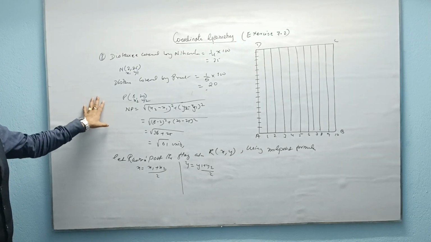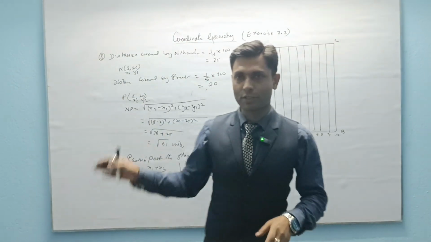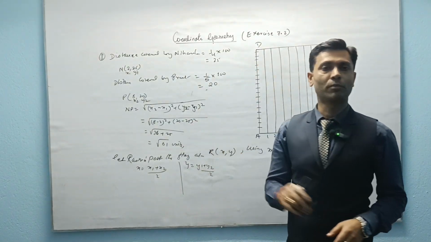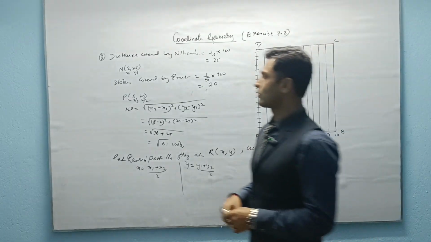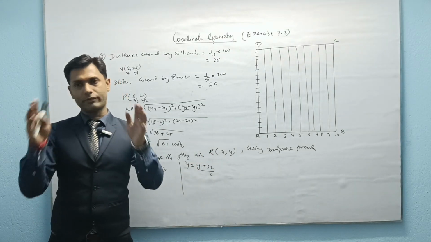Okay, the third question. I have not written the question right here. It's very long. You can refer to the book also. I'll just explain the question in a very simple form.